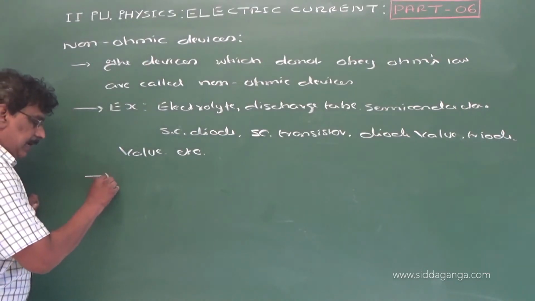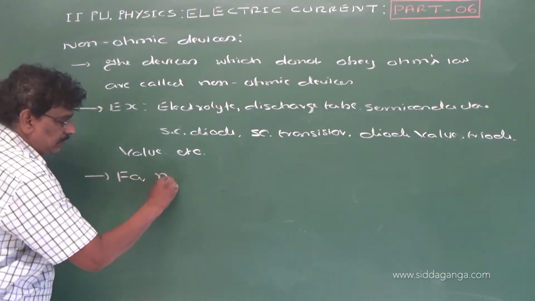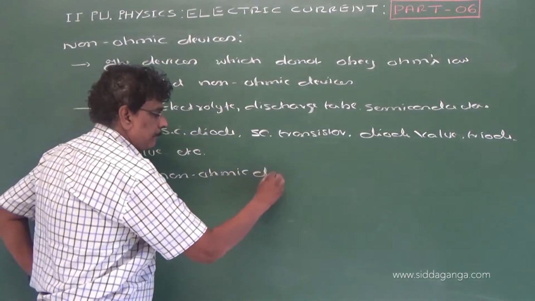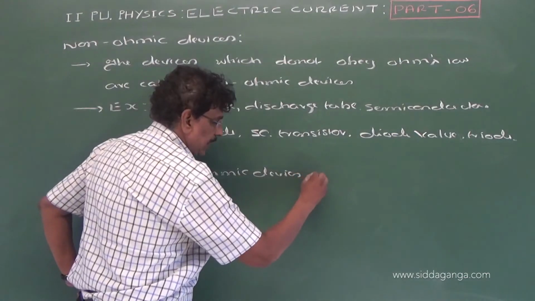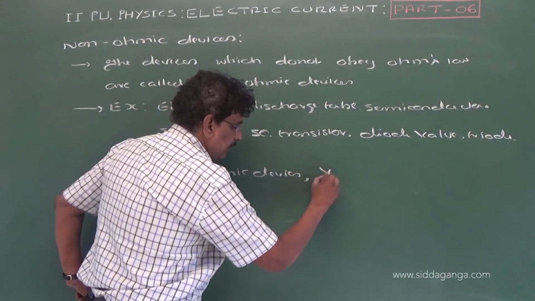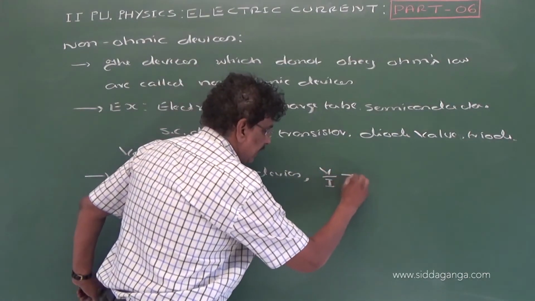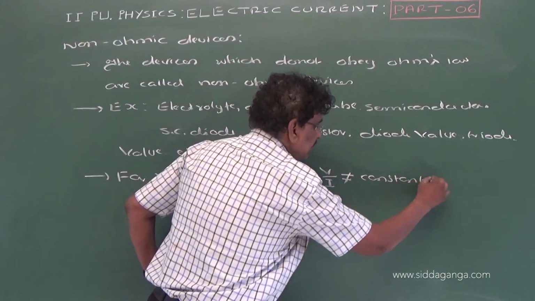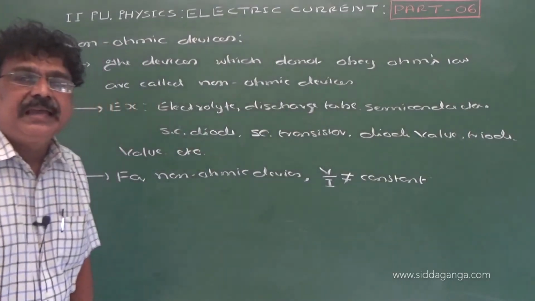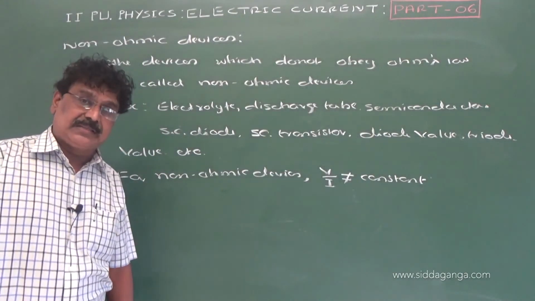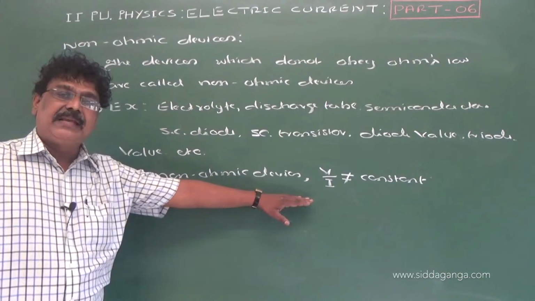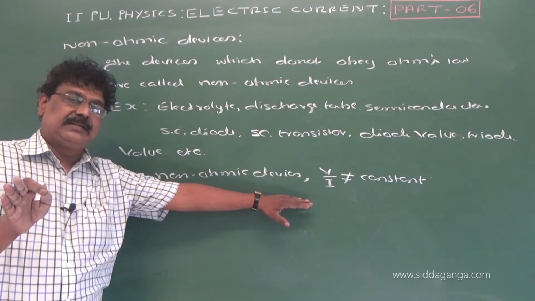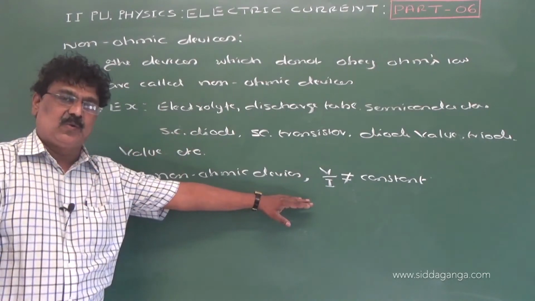Now here for non-ohmic devices, V by I is not equal to constant. That means when V by I is constant, the device obeys Ohm's law.